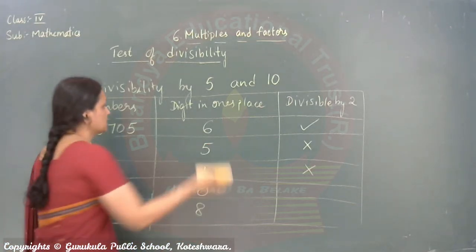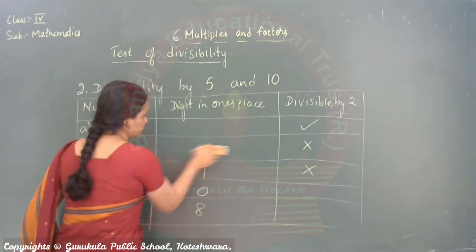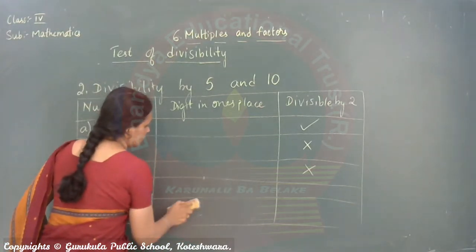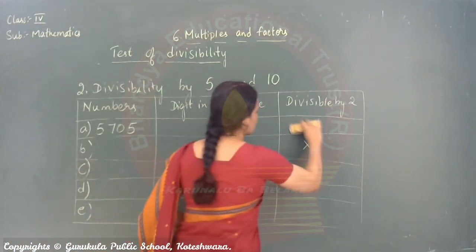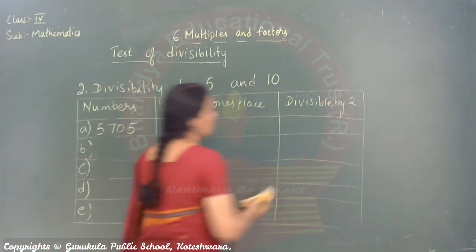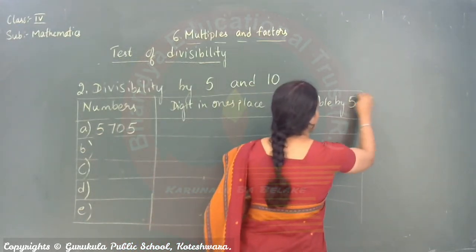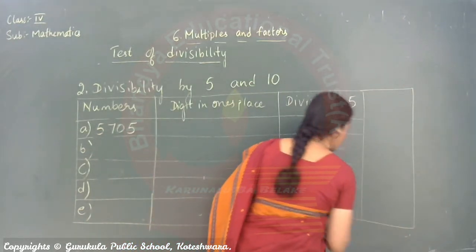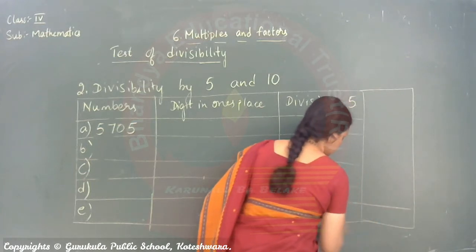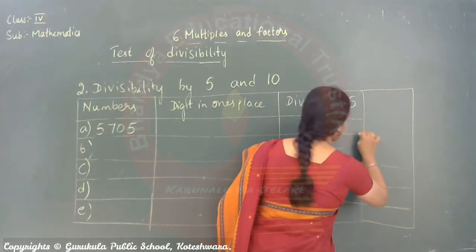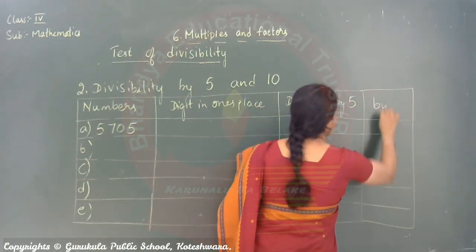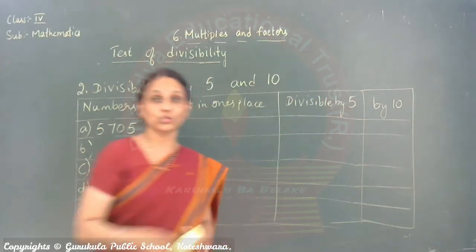Then digits in ones place. Take down the digit in ones place and divisible by 5 and add one more column here. Divisible by 10. Now, both rules you know, correct?